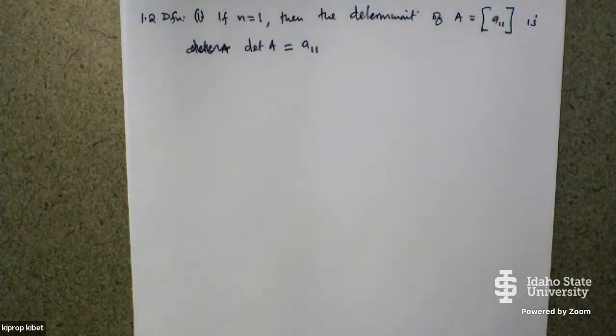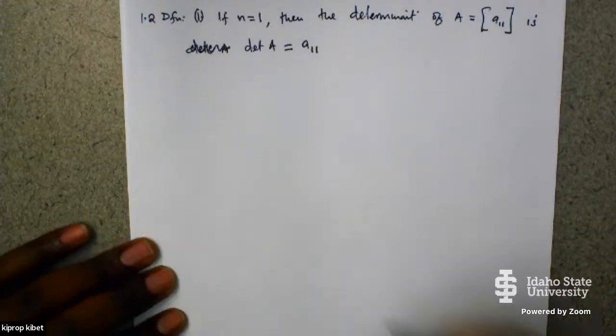It is just 1 by 1, then the determinant of that matrix is the same entry.